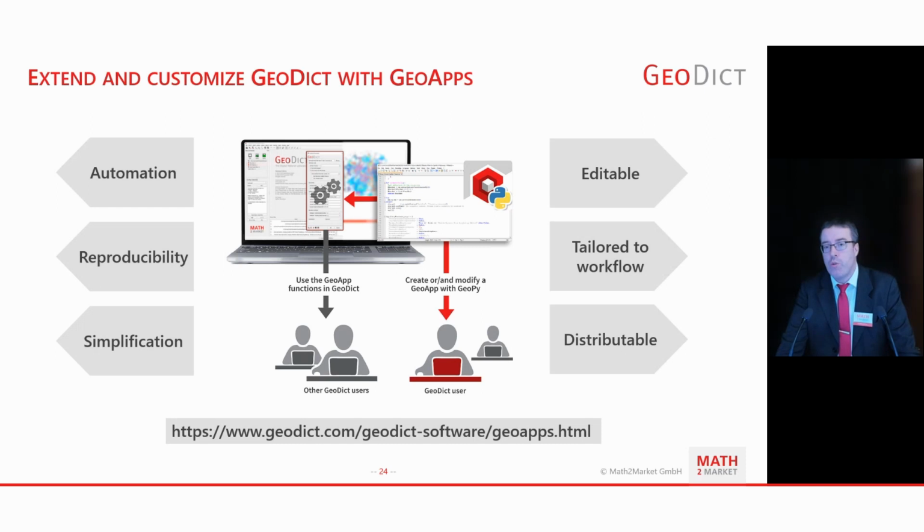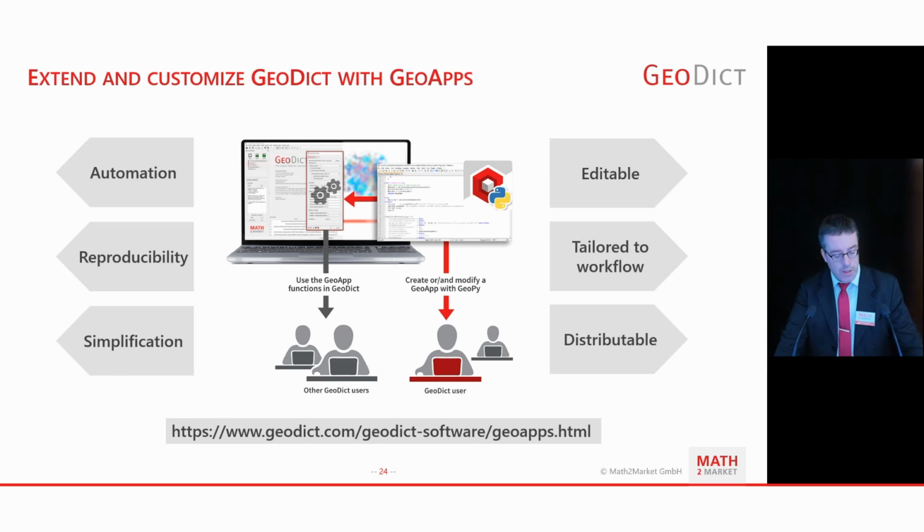And then you have removed the human error component, for example, in a parameter study where just one value changes. All the other parameters stay the same, so you can enforce it to stay the same. With that, I mentioned parameter study. You also have the automation, and as a GeoApp distributable, you can share it with your colleagues and with us too.